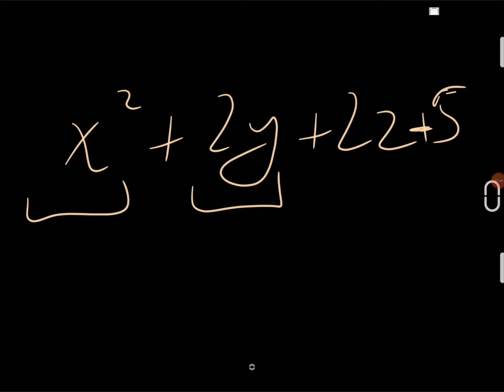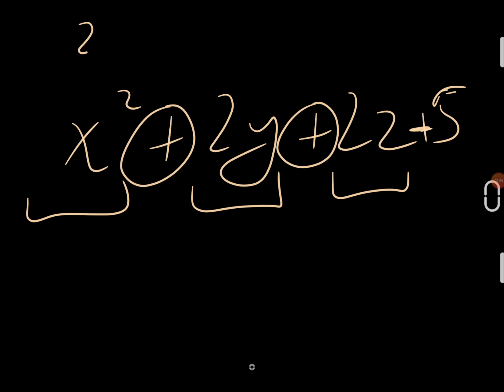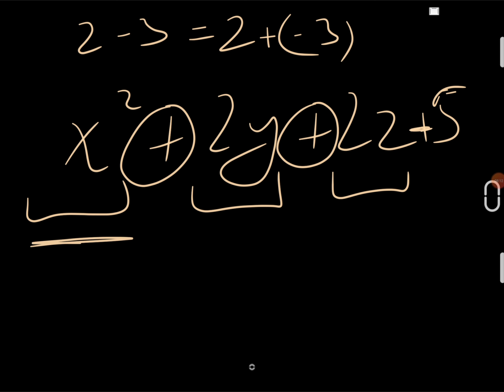Terms are the things that are separated by the plus symbol or the minus symbol, whatever it is. So see, actually when I say 2 minus 3, it is actually 2 plus minus 3. Right, so it's actually variables that are separated, but things that are not variables, constants also. Terms are things that are separated by a plus symbol.